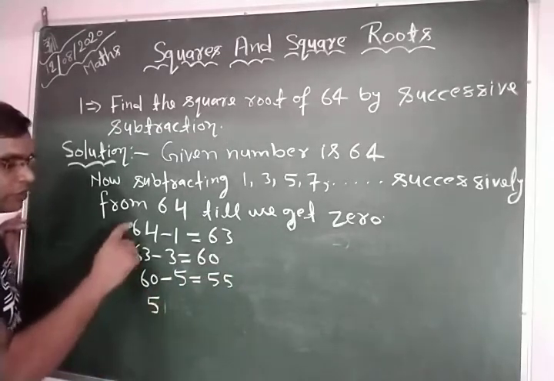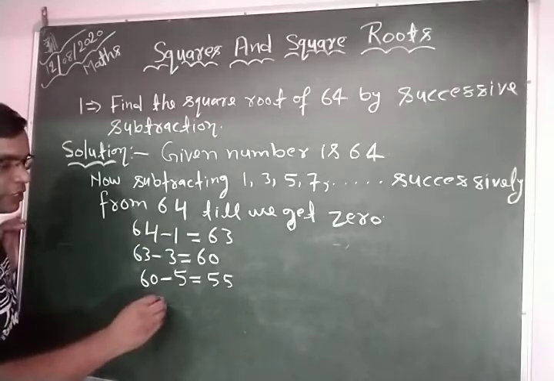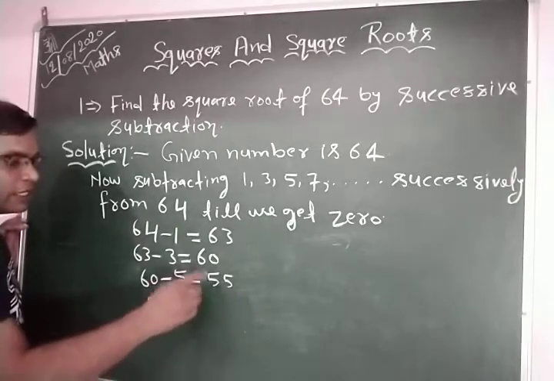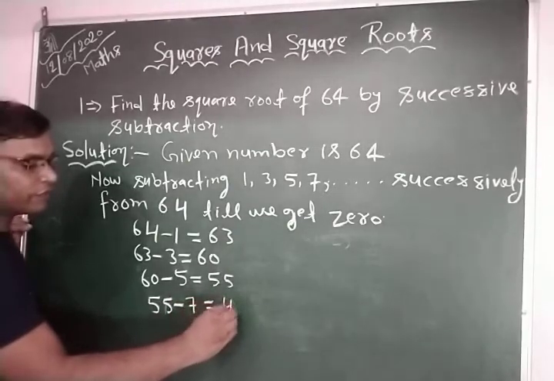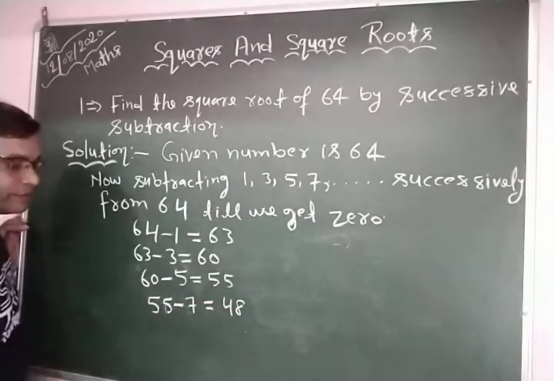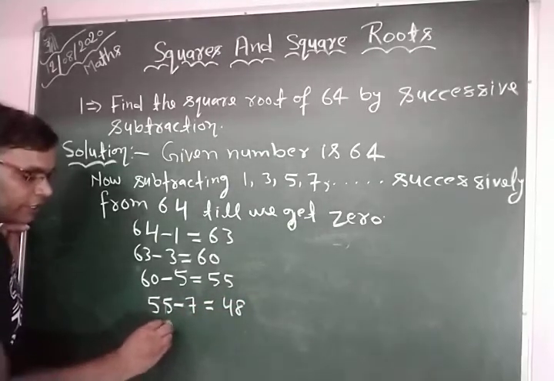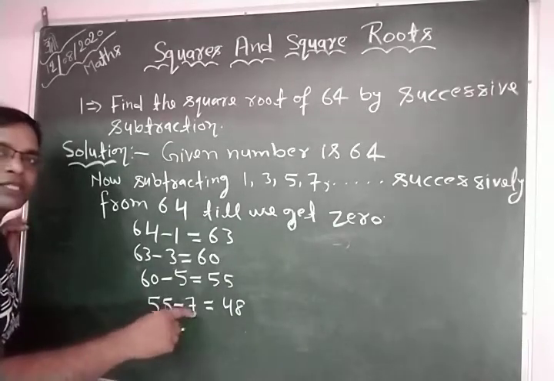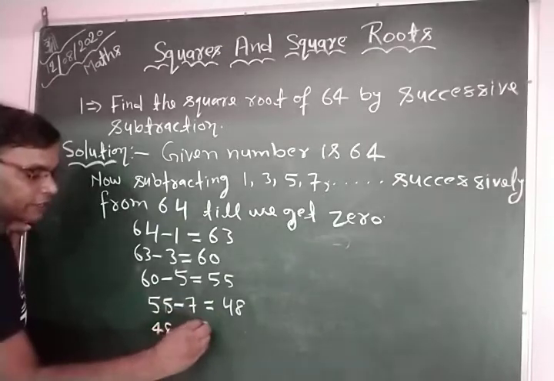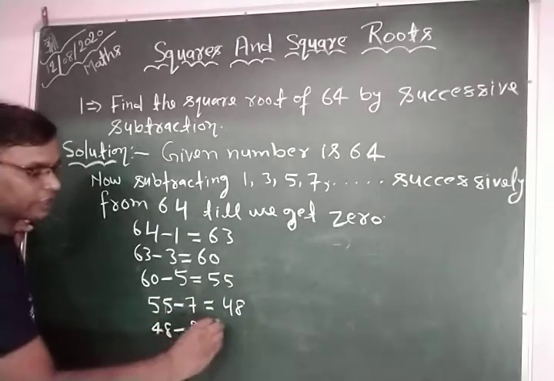Fourth step, 55 minus 7 is equal to 48. Now 48 minus the next odd number, 9, is equal to 39.